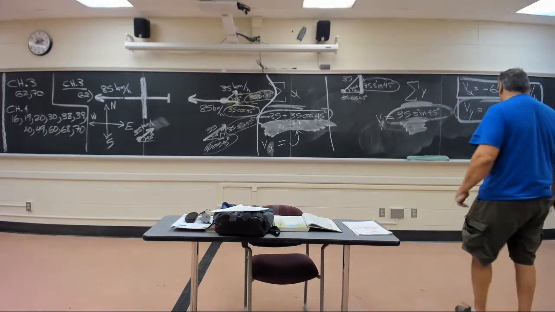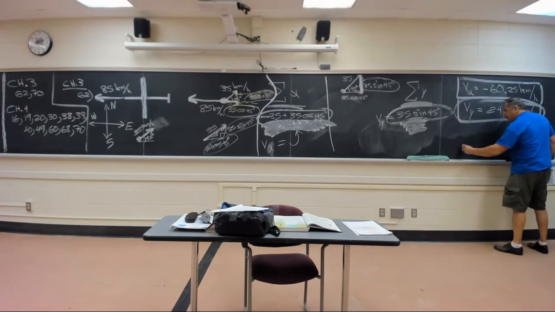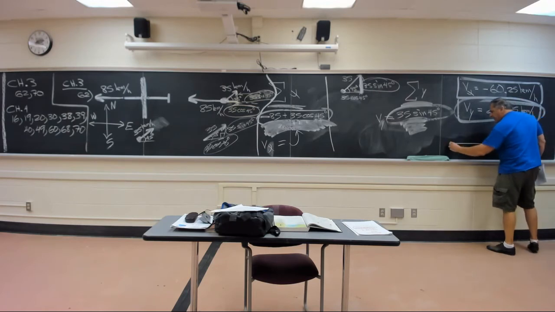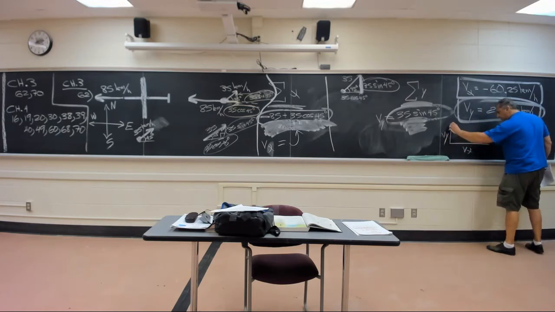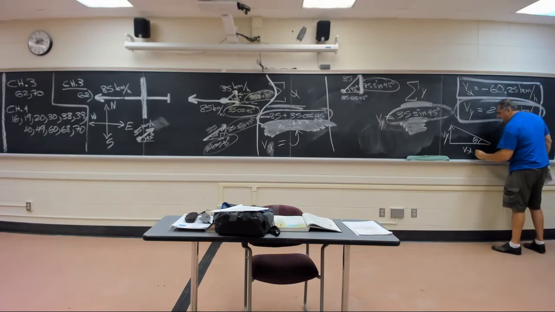What does that mean? It means I've got to put them into a triangle. Here's your Vx going that way. Here's your Vy going up. Here's some angle theta. That's west, that's east, that's north, that's south. Remember, why did I put it that way? Because this is negative, this is where the 60.25 is.